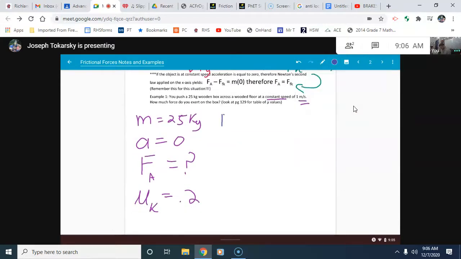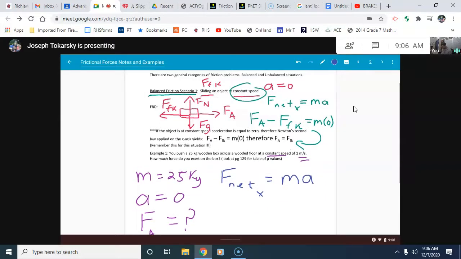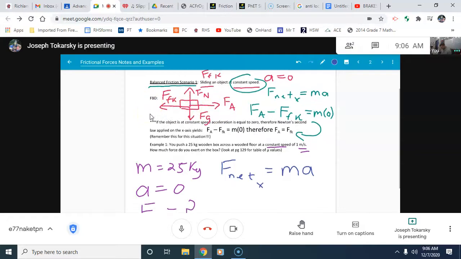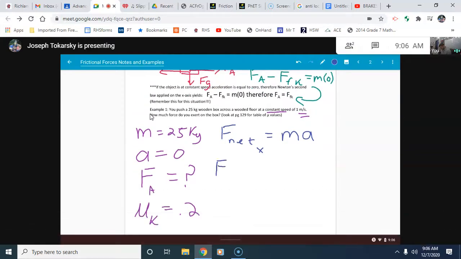We all start with Newton's second law, and the applied force is on the x-axis, so we want to set up Newton's second law on the x horizontal axis. F net on the x-axis is ma. The free body diagram above still applies here. I'm pushing or pulling with an applied force one way, and kinetic friction is opposite. So that means the net force, the total of all forces on the x-axis, is the applied minus Ffk, because it's in the opposite direction.